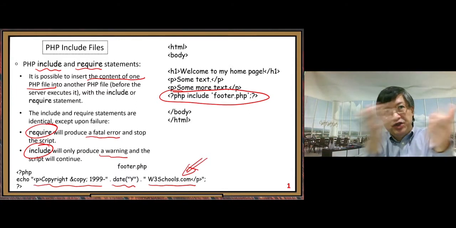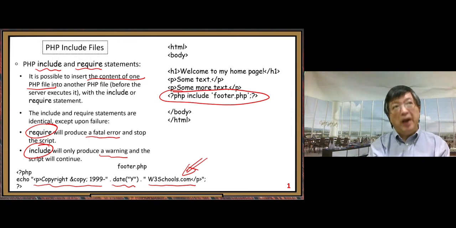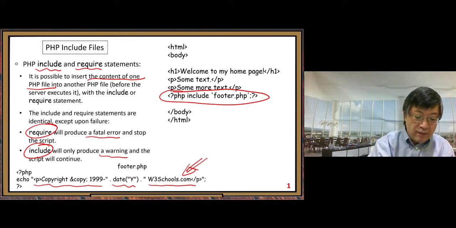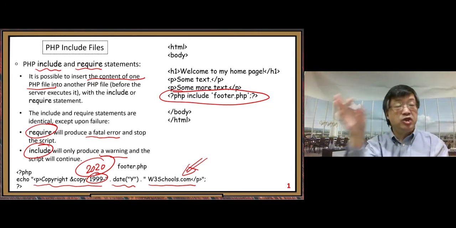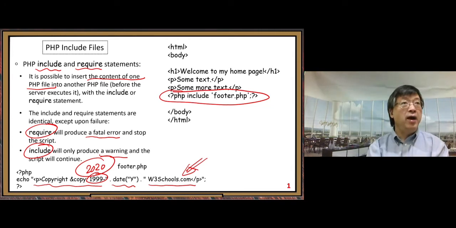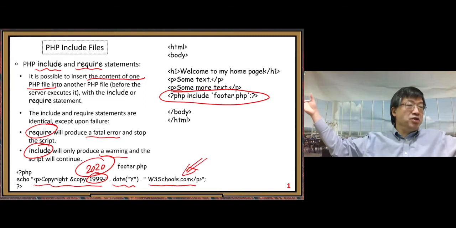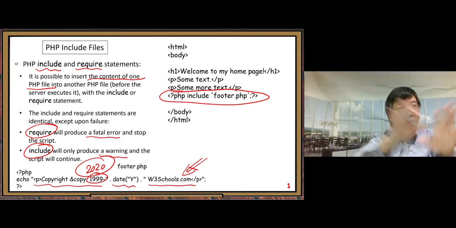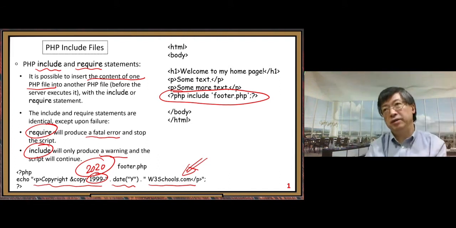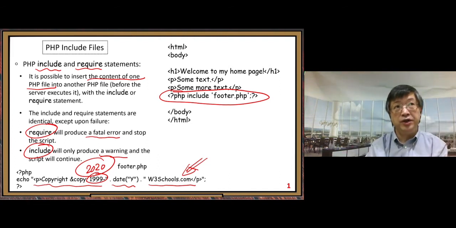Later, when you want to change something, for example this number to 2020, you only need to change it in one place, footer.php. Suppose your website has hundreds of web pages. The footer part all gets changed immediately. How efficient it is.